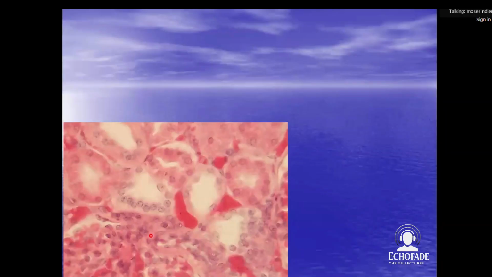The other cells which lie very close to the vascular pole, the afferent arteriole, are in the smooth muscle of the tunica media. The smooth muscle in the tunica media at the afferent arteriole comprises specialized cells, referred to as juxtaglomerular cells.